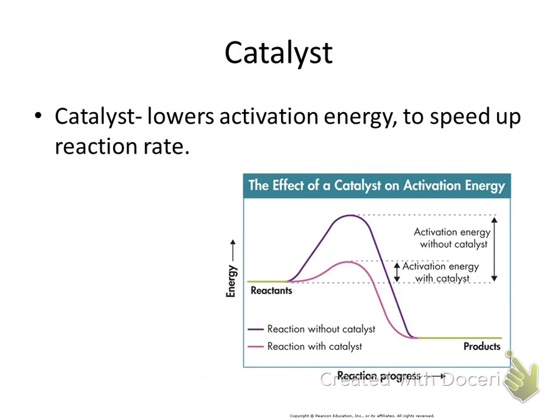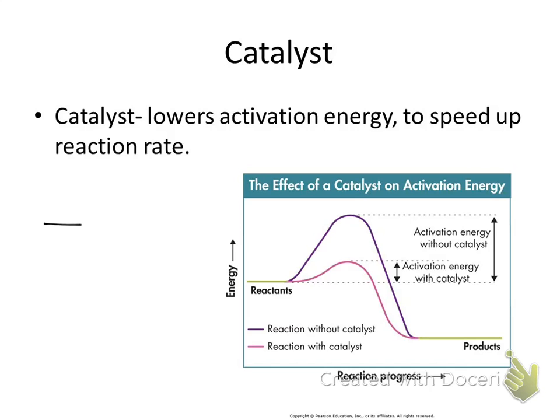Now, our fourth manner that we're going to use is to use a catalyst. A catalyst is used to lower the activation energy or to speed up the reaction rate. How is this possible? Well, the catalyst actually doesn't participate in the reaction. If you remember when we talked about our chemical reactions unit, I gave you this system.